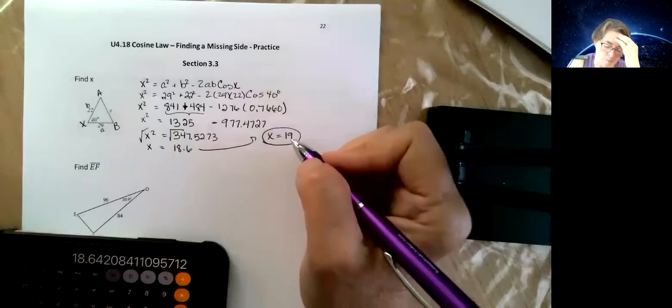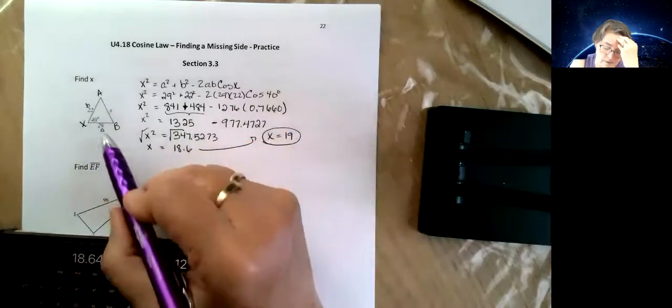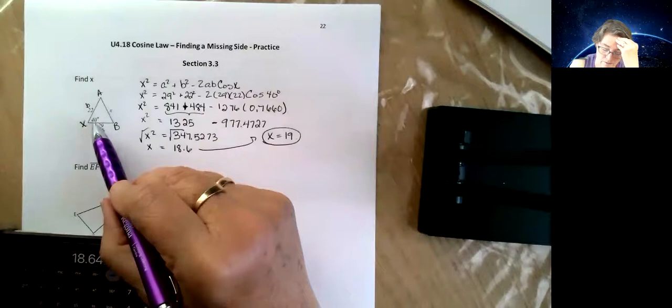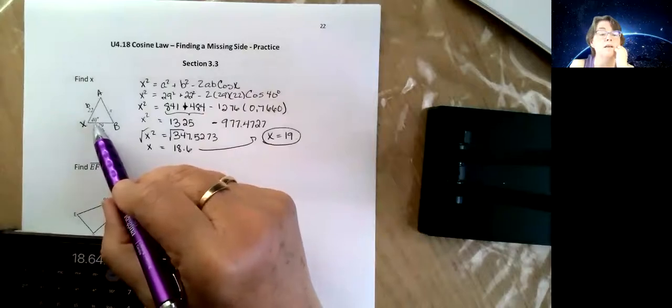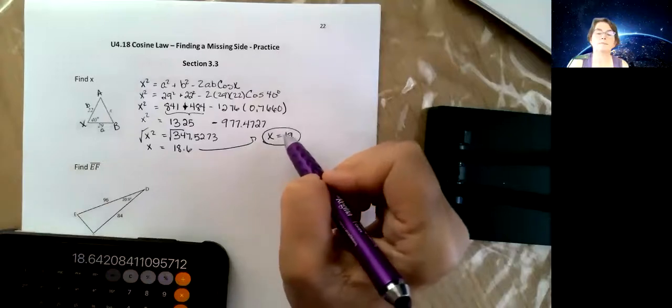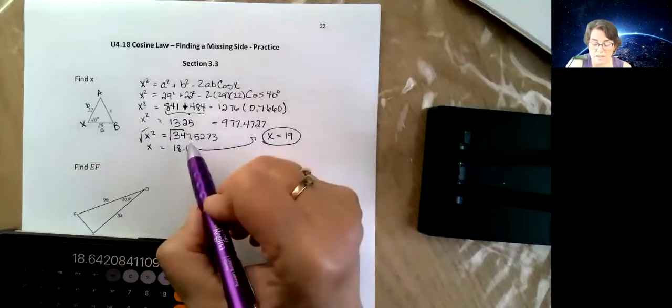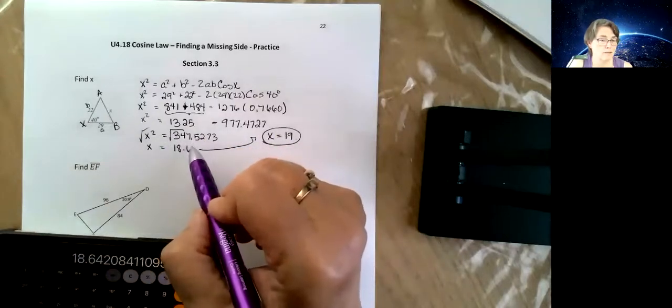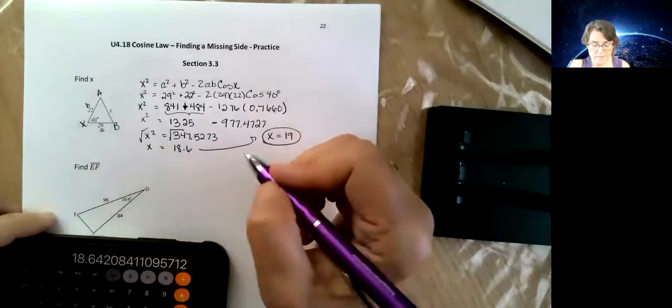I really don't know anything about the other sides, but 40 could, best I can say, be the smallest angle in a triangle, so that is a reasonable answer. I know 347 is definitely not a reasonable answer. That's way too much. All right, there we go.